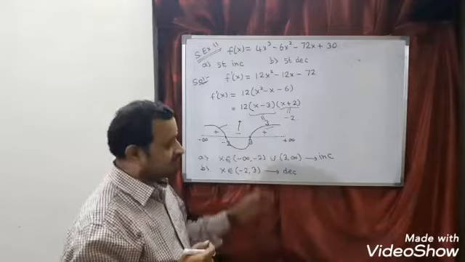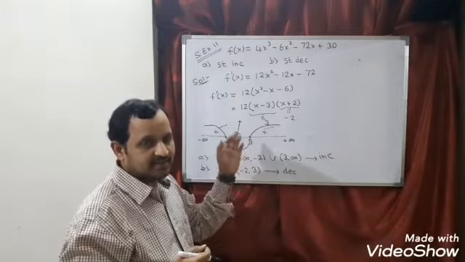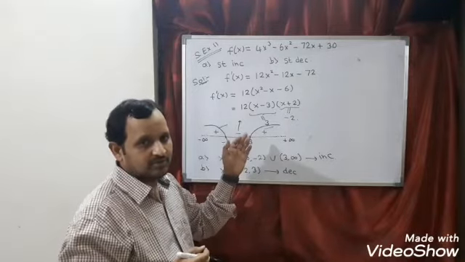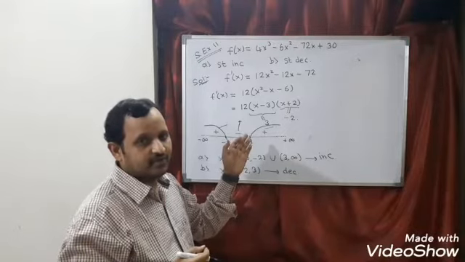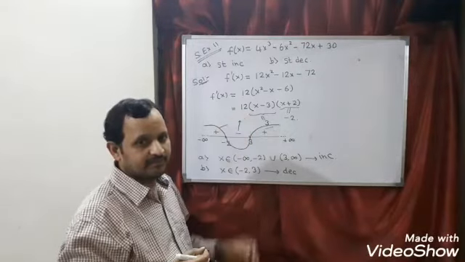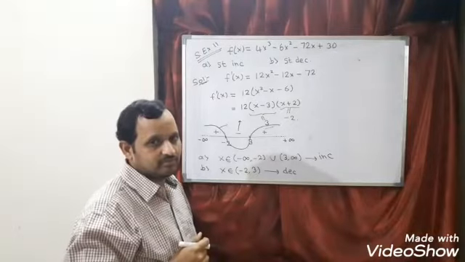Is it clear? Whatever questions we are solving in today's class, this working rule is meant for polynomial inequality. Only polynomial functions having inequality we can solve by this working step. How to solve other than polynomial, you will come to know.